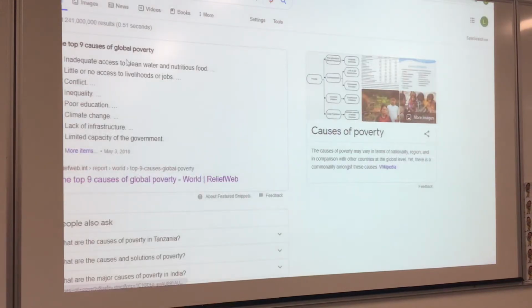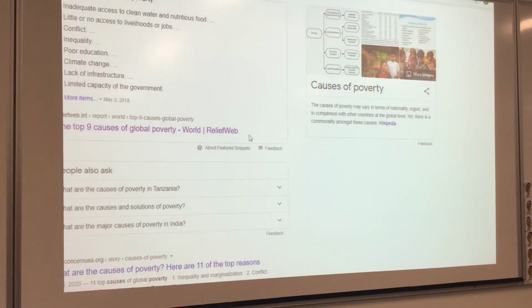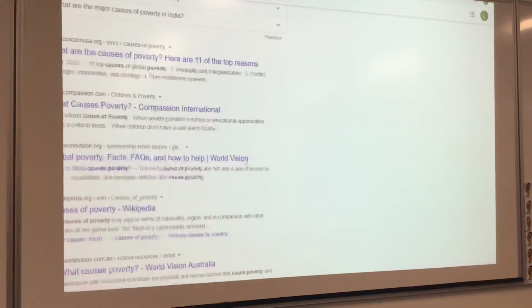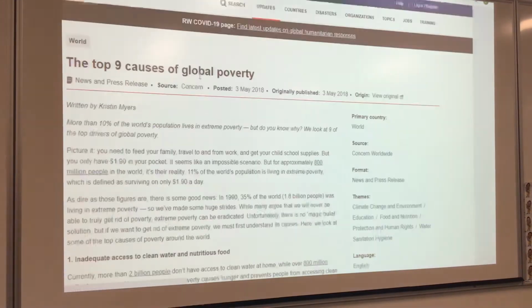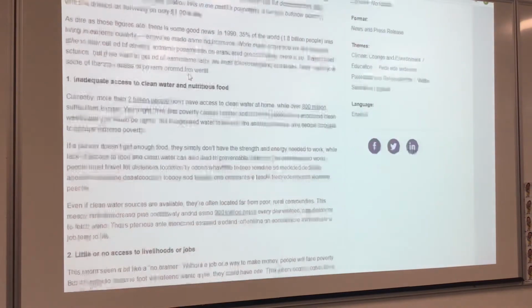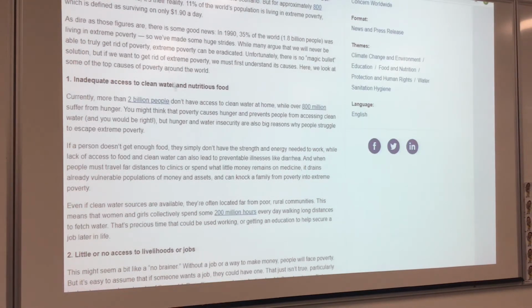Okay. So here, I know I always say don't use the first website. This one seems to be a good website, but make sure you go and look through all your websites. I'm going to click on this one here, top 9 causes of global poverty, and I'm just going to read through this and make some notes.